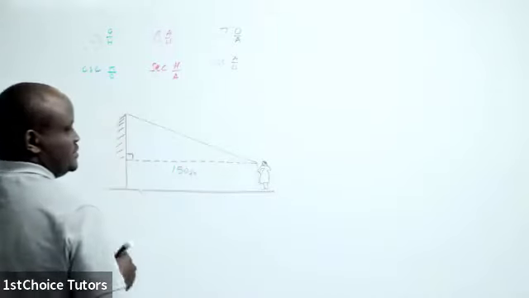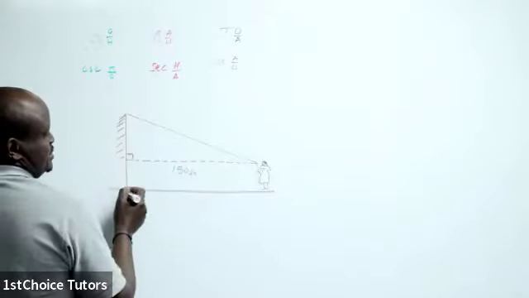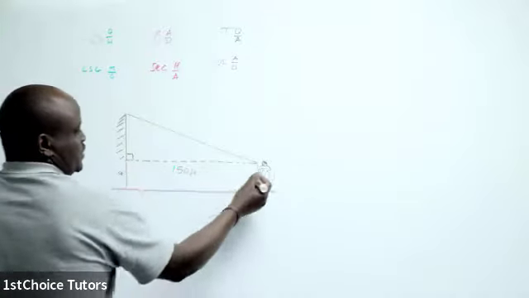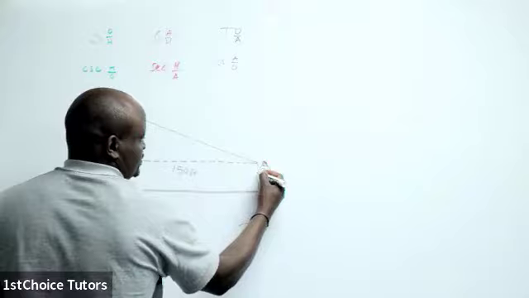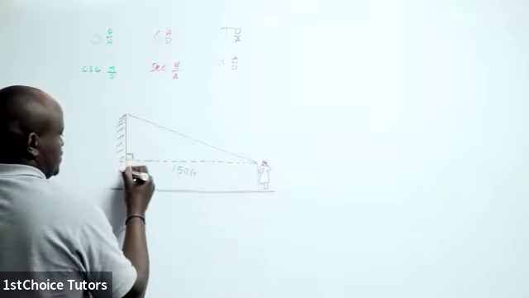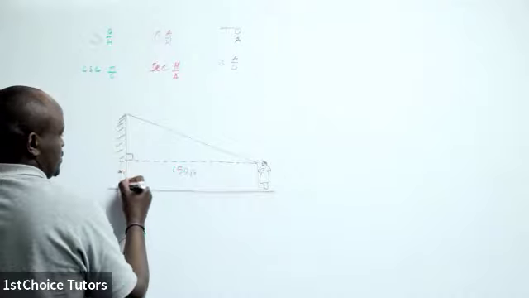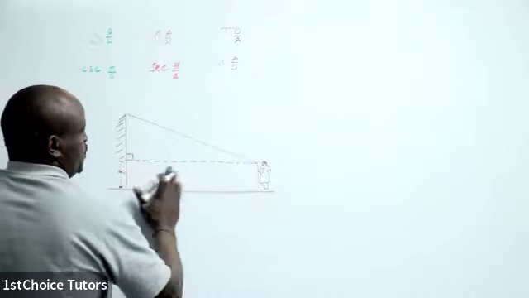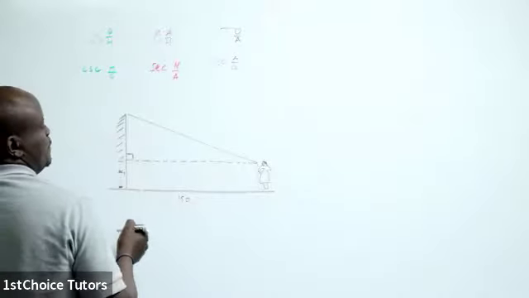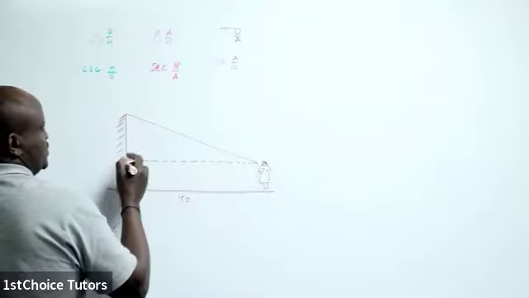So this is 5 feet, because her eyes are like 5 feet up. So from here to here is 5 feet. We know that. You know this is 150. How tall is the building?